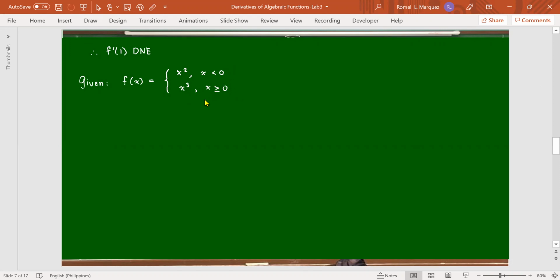Let's check if this is differentiable at 0. Question, is f differentiable at x equals 0, guys?